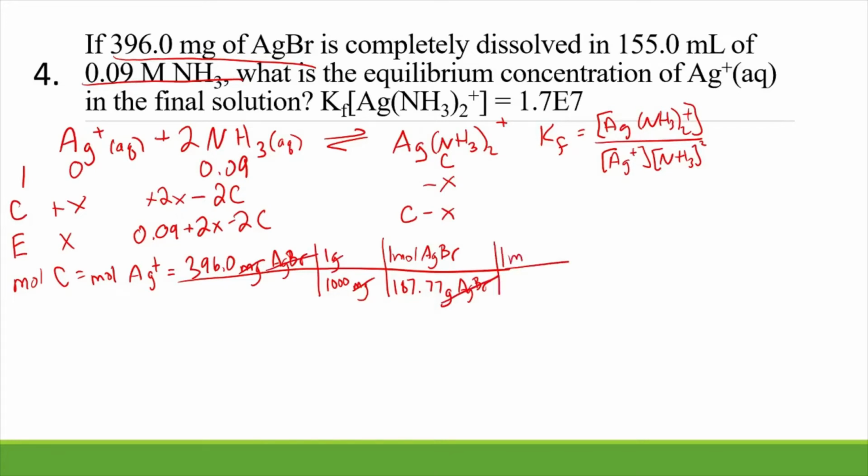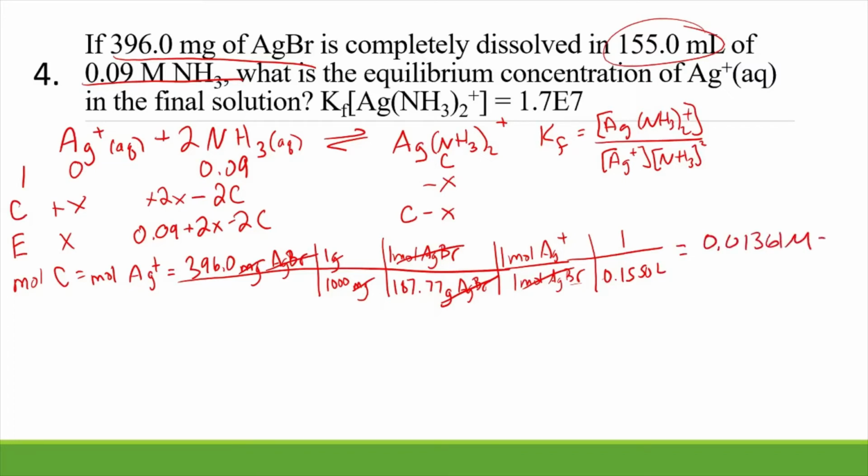And then we have 1 mole of Ag plus for every 1 mole of AgBr. And then lastly, this whole thing is being divided by our volume, which is 0.1550 liters. And so this gets us 0.01361 molar, and that's equal to C.